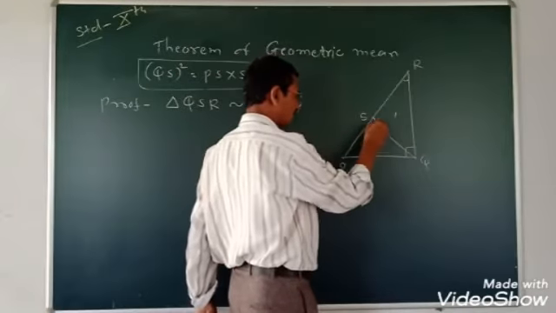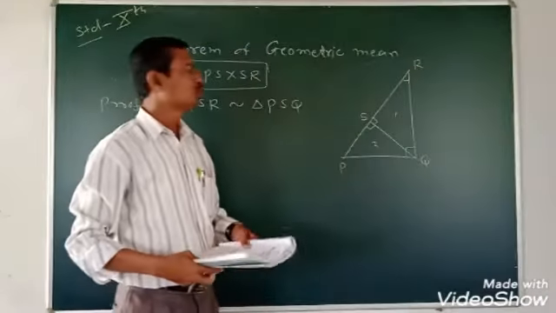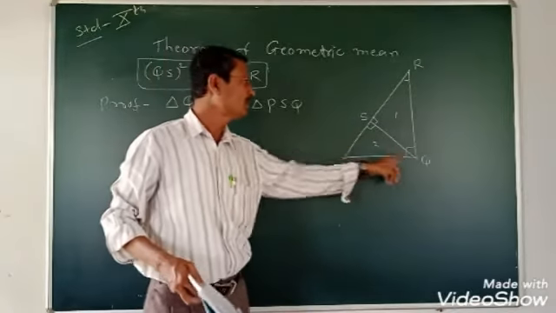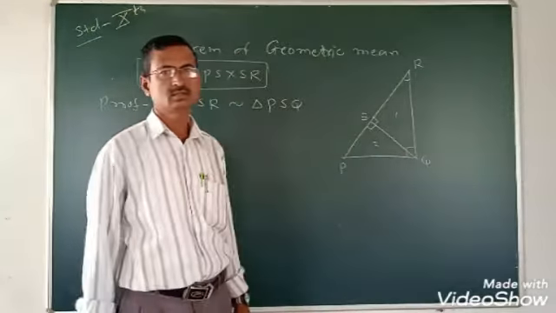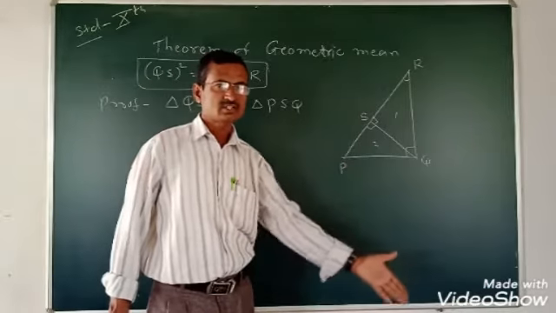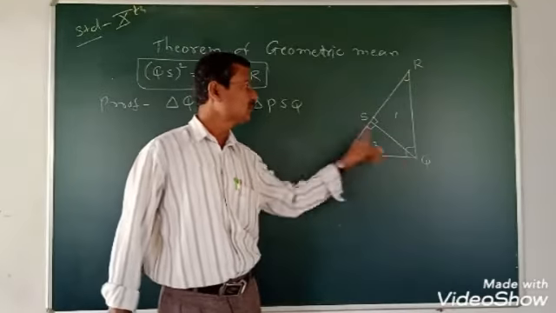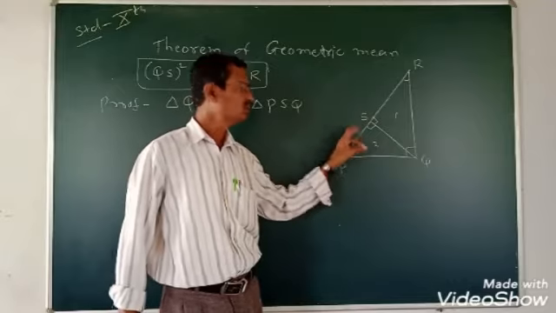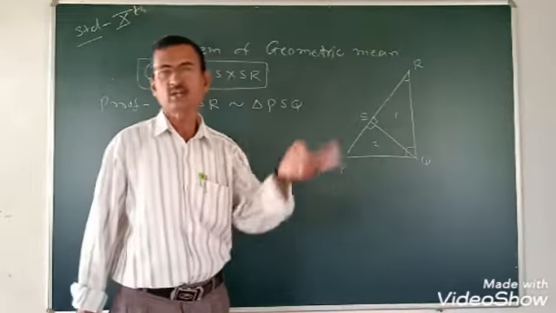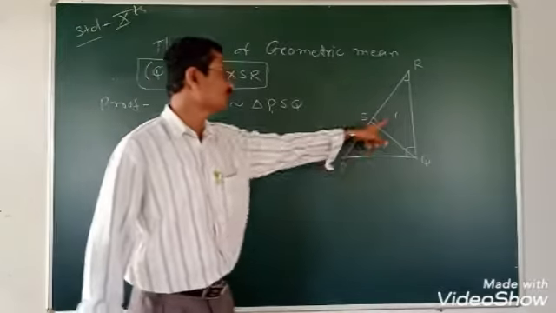It is also a right angle triangle, and we know that two right angle triangles are formed by one altitude. Now we already proved this theorem in the last topic that if the altitude is drawn on the hypotenuse, then the two triangles formed are similar to each other and to the original triangle also. So these two triangles are similar.